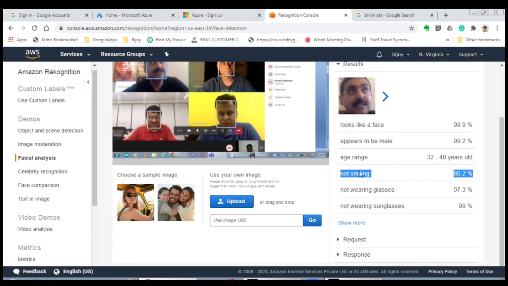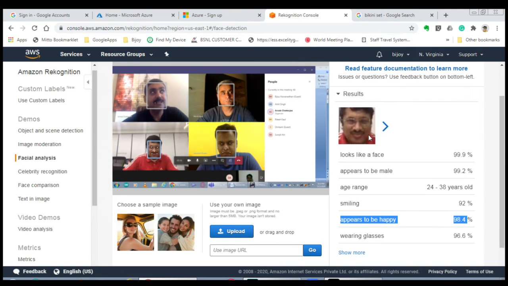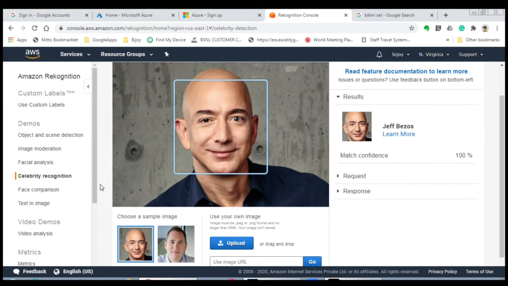Here we can see it appears to be happy, right? The expression is clearly happy but not really laughing. Let's look at this gentleman, who is identified as calm, and the other one as confused. So this service does a pretty good job of meeting the objective, identifying the kind of expression, the classification and the probability for it.